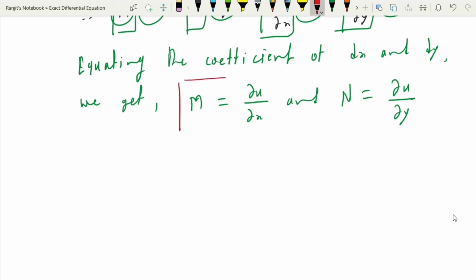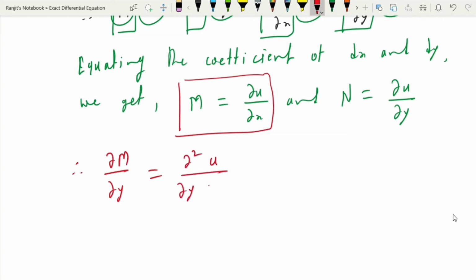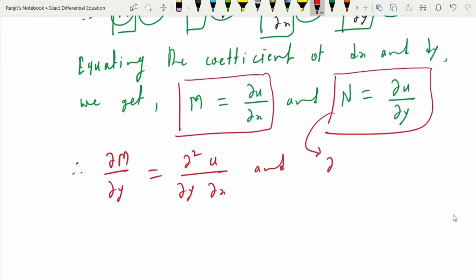Now differentiating M with respect to y, keeping x constant, we obtain del M by del y is equal to del squared u by del y del x, and differentiating N with respect to x, keeping y constant, we get del N by del x is equal to del squared u by del x del y.